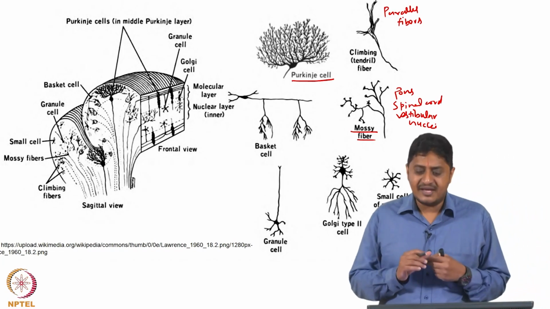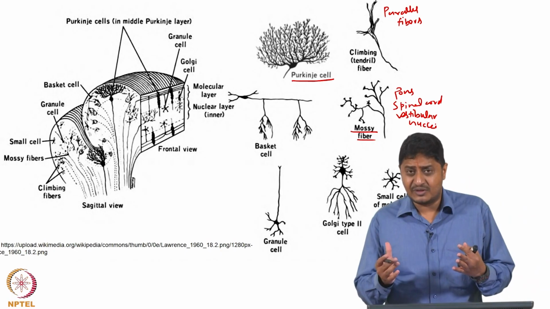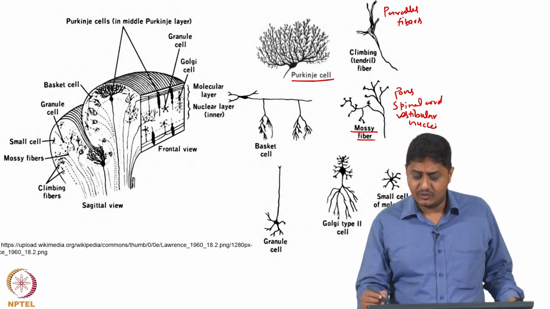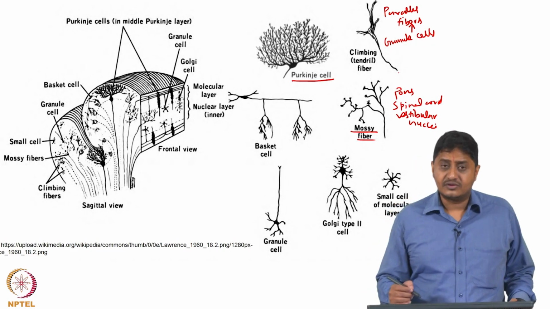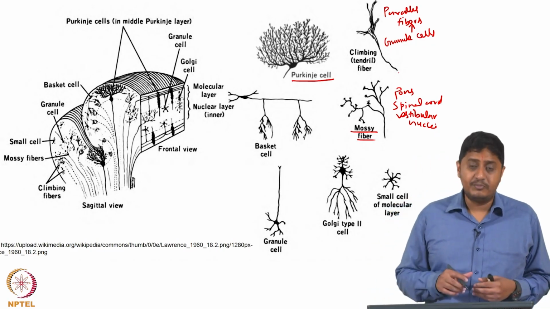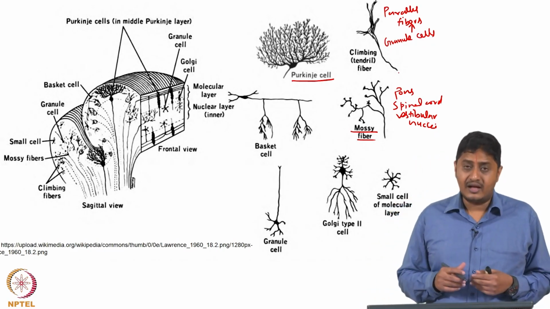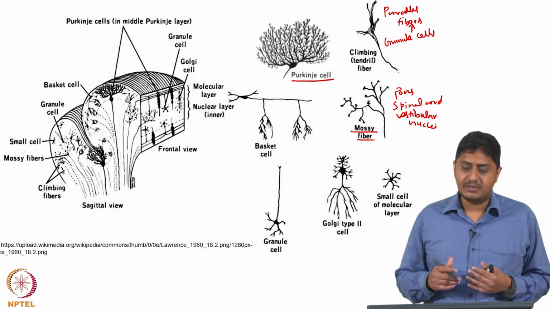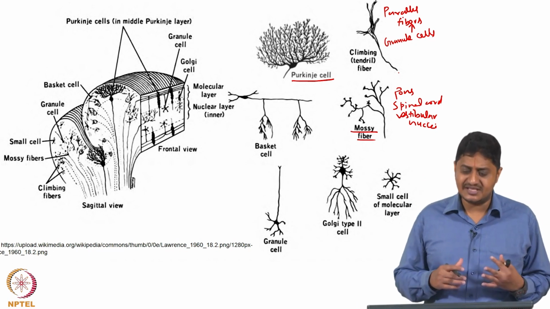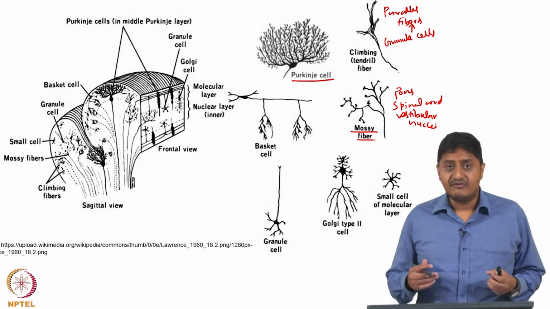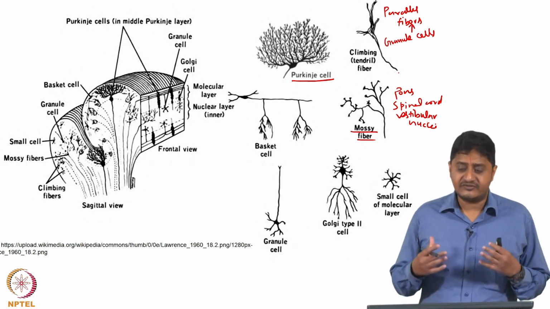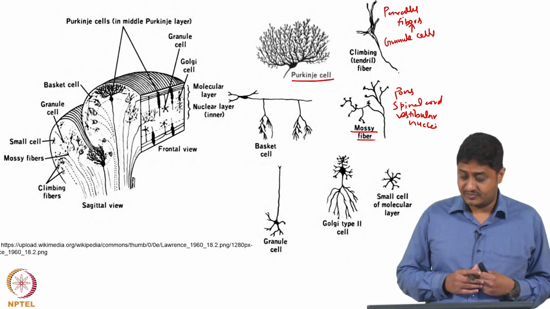The mossy fibers make synapses with what are called granule cells, whose axons go on to become parallel fibers. So, granule cells receive input from mossy fibers, and their axons go on to become parallel fibers, and each Purkinje cell, which is an inhibitory neuron, receives input from hundreds of thousands of parallel fibers, right.